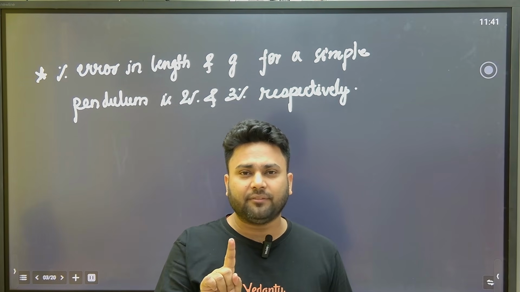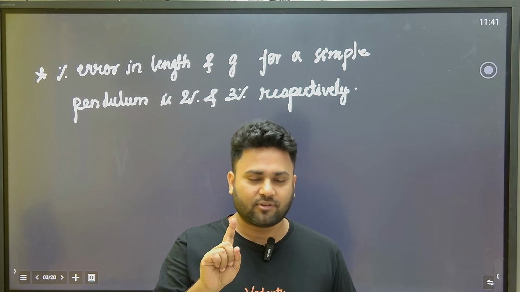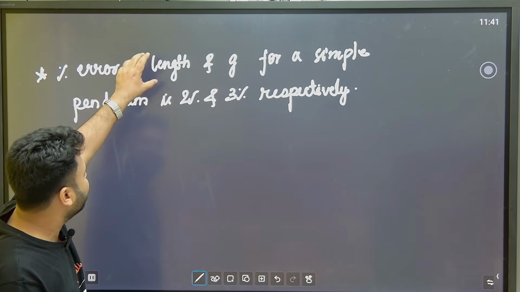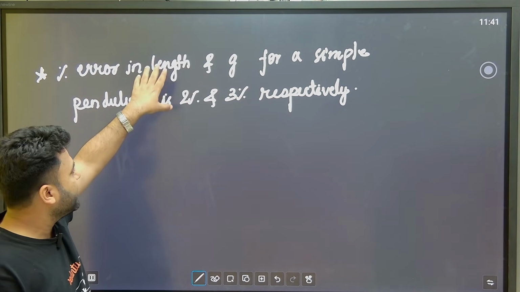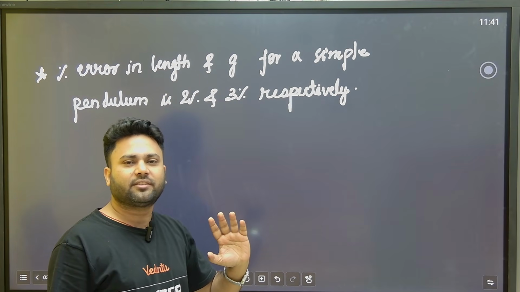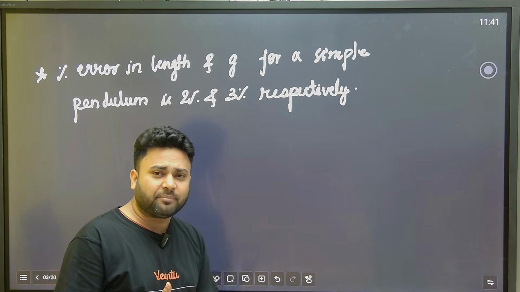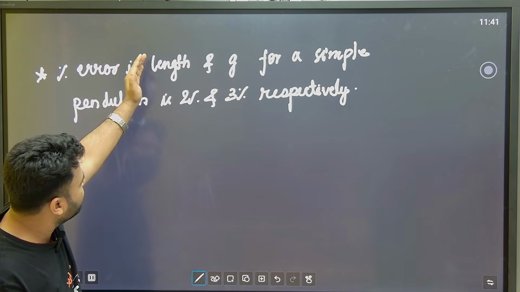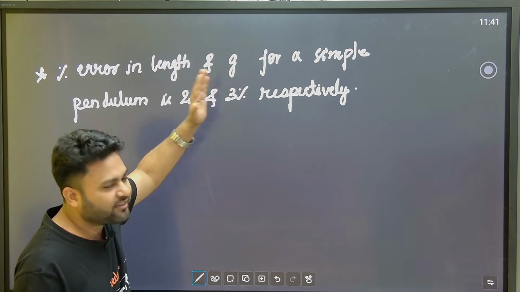Respectively does not mean with full respect. No, not that respectively. Respectively means percentage error in length is 2% and percentage error in gravity is 3%. Some students feel that sir is giving respect to the question. No. So percentage error in length is 2%, percentage error in gravity is 3%.